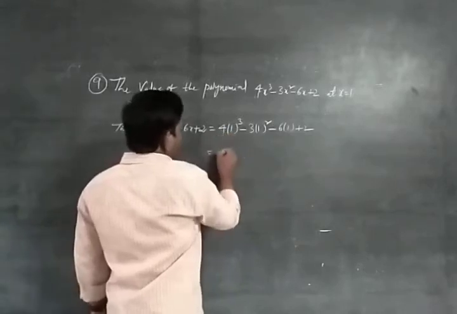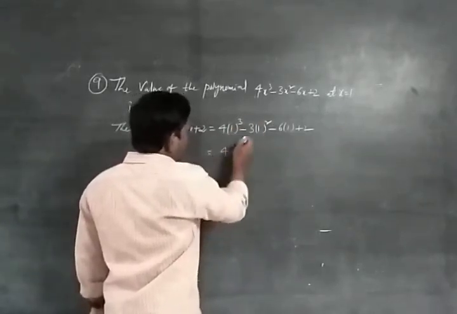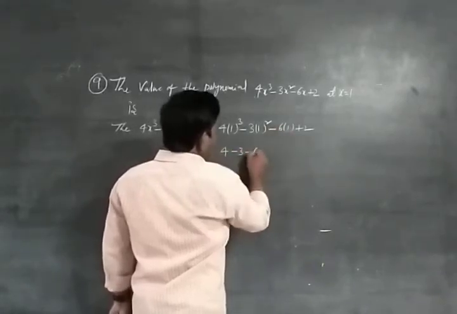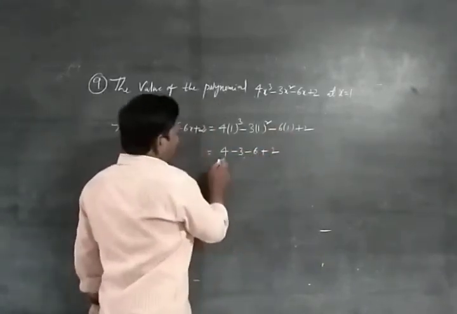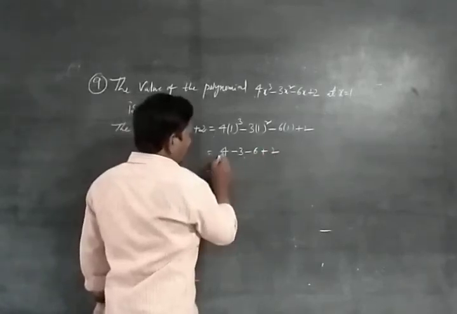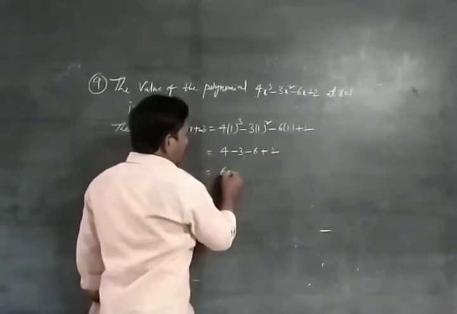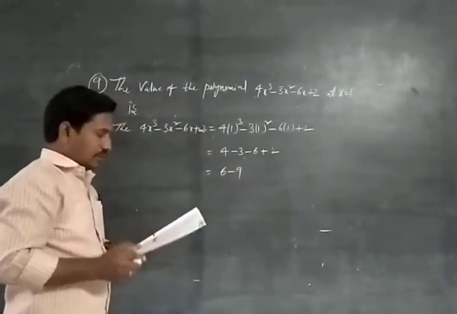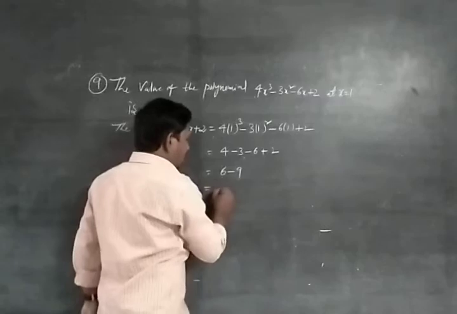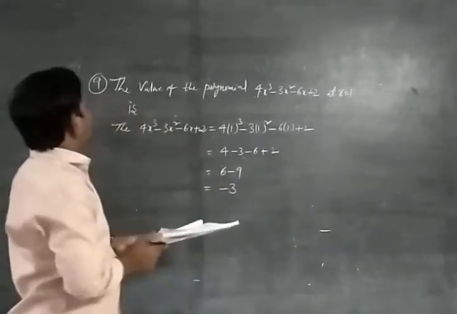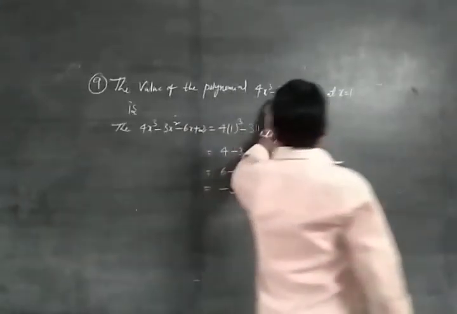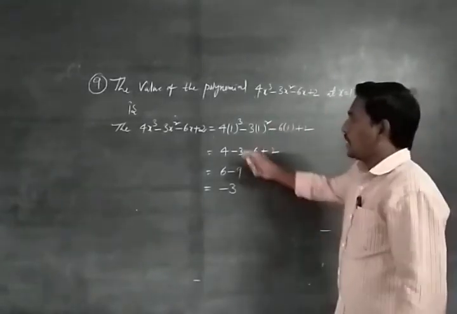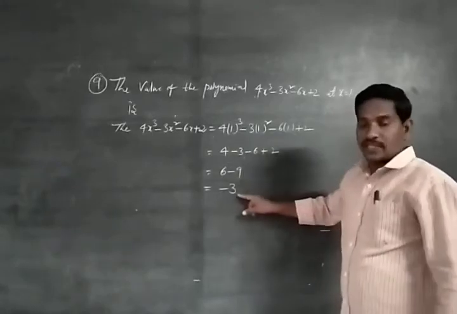And 4 ones are 4, 1 cube means 1. 3 into 1 square means 1, minus 3. 6 ones are 6, plus 2. 4 plus 2 is 6, 6 minus 9 is minus 3. Okay, the value of the polynomial 4x cube minus 3x square minus 6x plus 2 at x equal to 1. So substitute x equal to 1, we get minus 3.